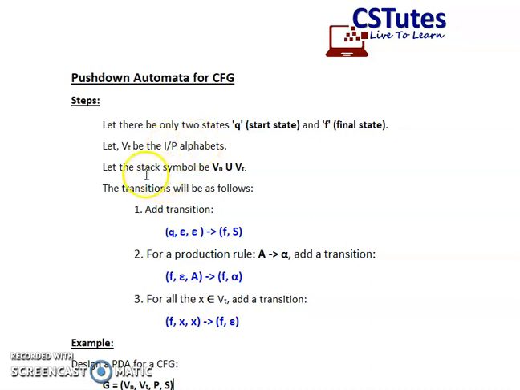Then the symbols of the stack for the pushdown automata, that means the gamma value, will be taken as the combination of the set of non-terminals union the set of terminals which is given in your context-free grammar.